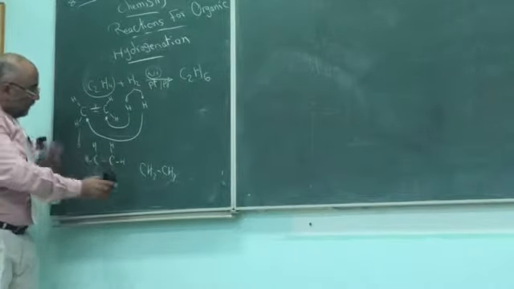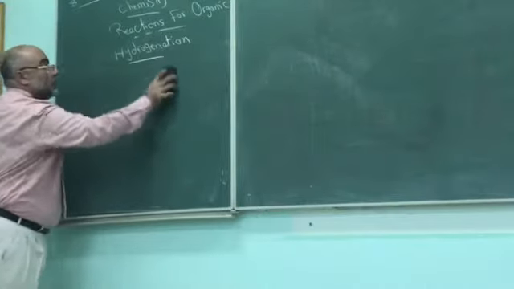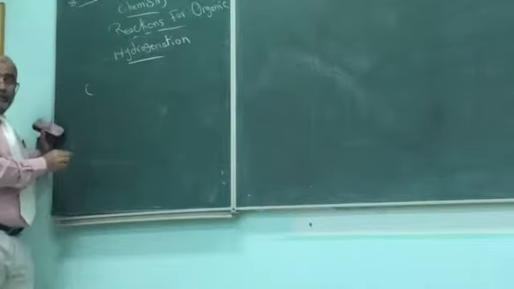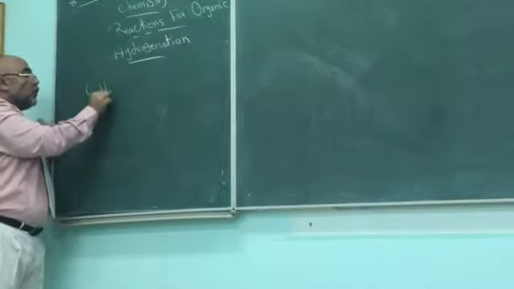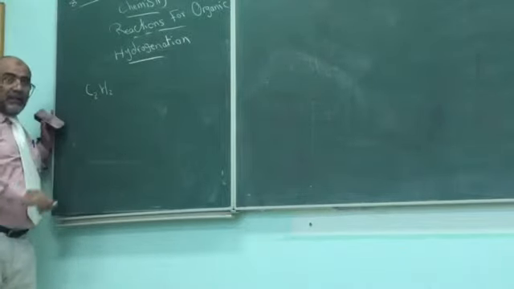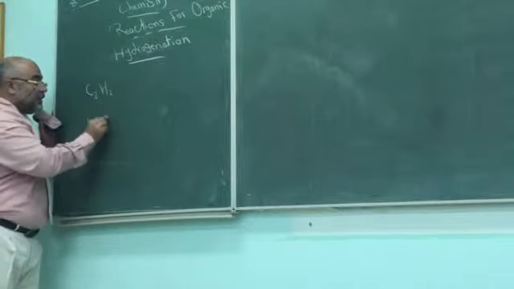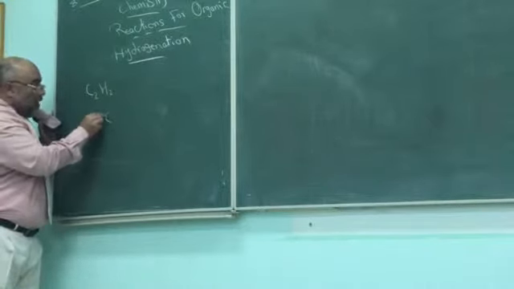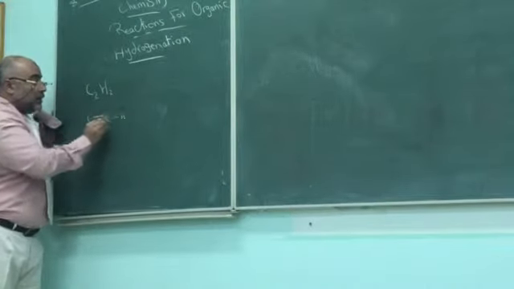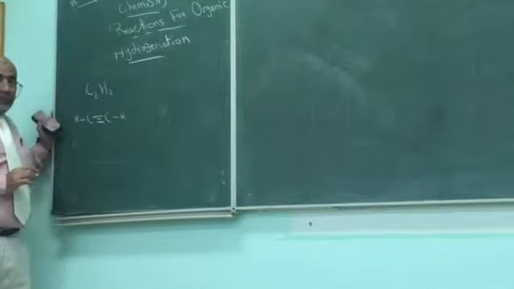Another one. If we have C2H2, pay attention to this. C2H2, acetylene or ethyne, that means we have here C and the second carbon, 1 sigma and 2 pi, right? And we have here 1 hydrogen with the first carbon and the second hydrogen with the second carbon.